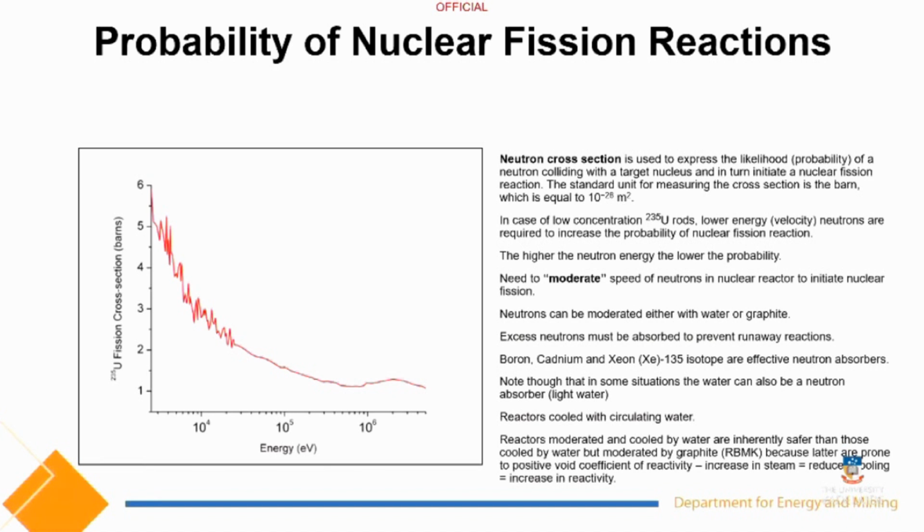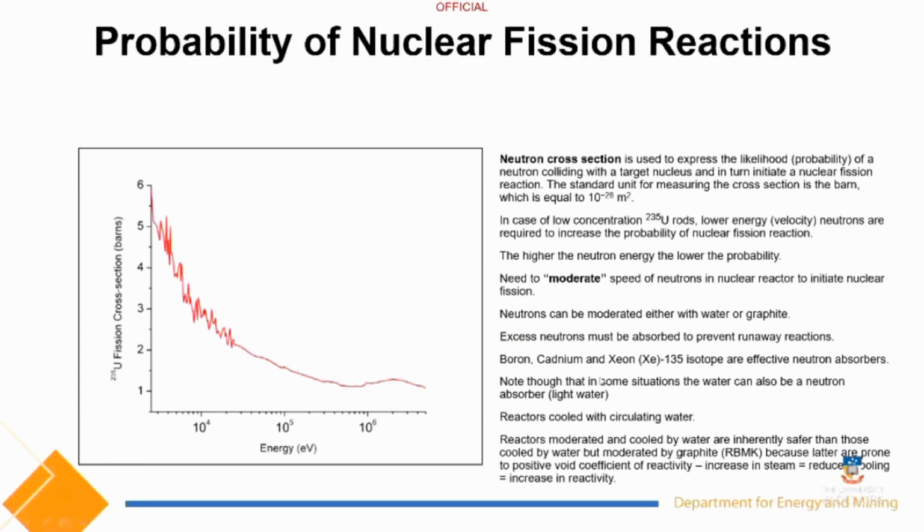So what you need to do is to absorb those neutrons. And when we talk about control rods in a reactor, they're made from substances like boron and cadmium, which are good absorbers.